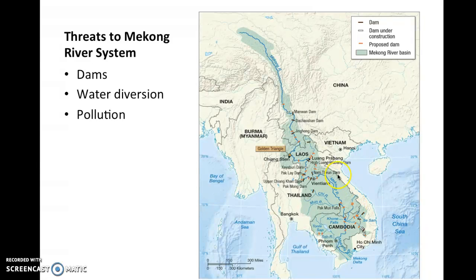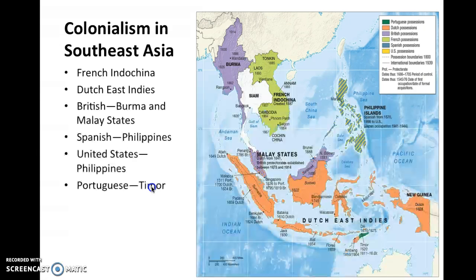And you may see some conflict between places like Vietnam and Laos, or Cambodia and Vietnam, or Thailand and Vietnam. So you may see some conflict over this in the near future. Particularly if global warming continues, you're going to begin to see some problems that may arise as people start fighting over who's going to get the water.